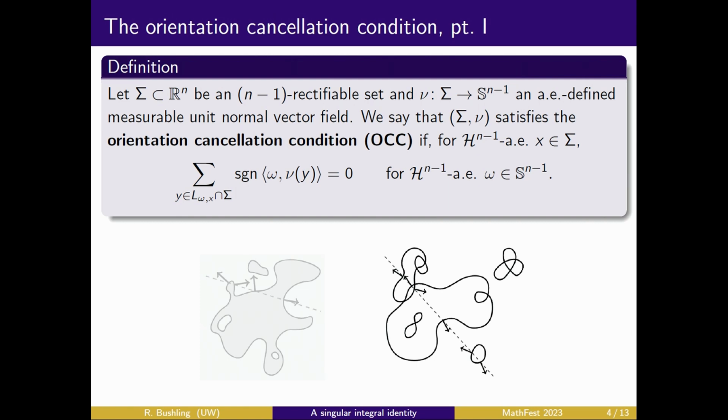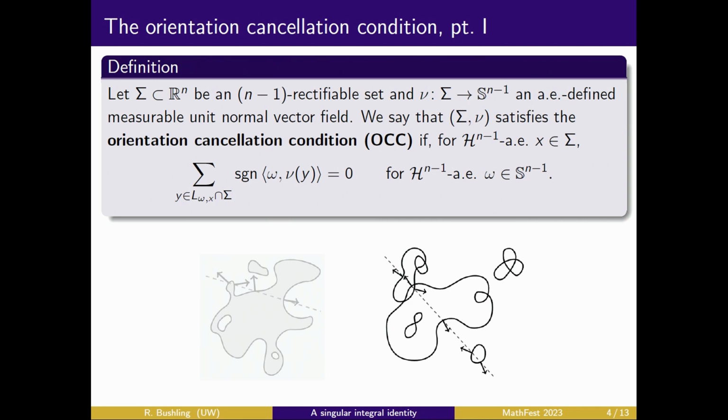And so that's what the orientation cancellation condition is requiring, that whenever you fire a typical line through the set, you have this happen. There are an equal number of vectors pointing in the same general direction as the line as the number pointing in the opposite direction.